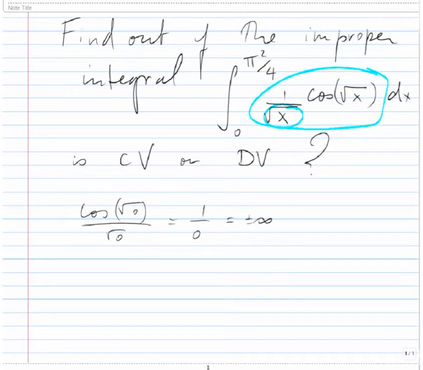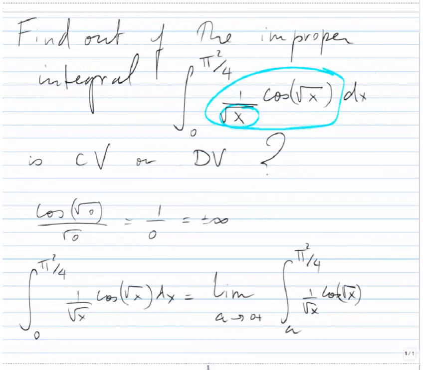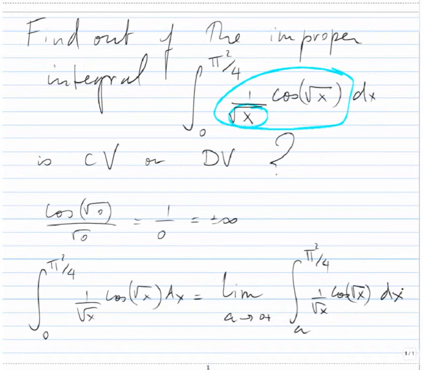Either you go by the definition, meaning that the integral from 0 to pi squared over 4 of 1 over square root of x, cosine square root of x dx equals the limit when a goes to 0 plus of the integral from a to pi squared over 4 of 1 over square root of x, cosine square root of x dx.